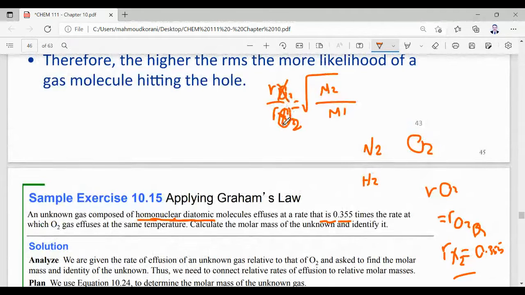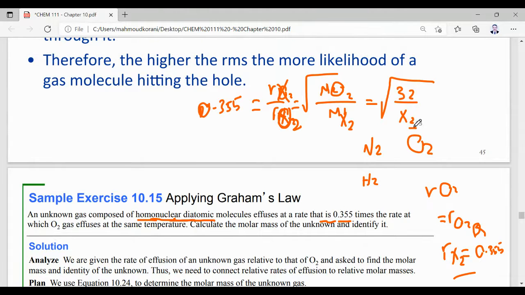Because I'm giving the rate of that one to the oxygen, it should be this value, 0.355. And here, this is oxygen, the molecular weight of the oxygen, of O2, and the molecular weight of the unknown gas. The oxygen is 32, divided by the unknown one, which is homonuclear diatomic.